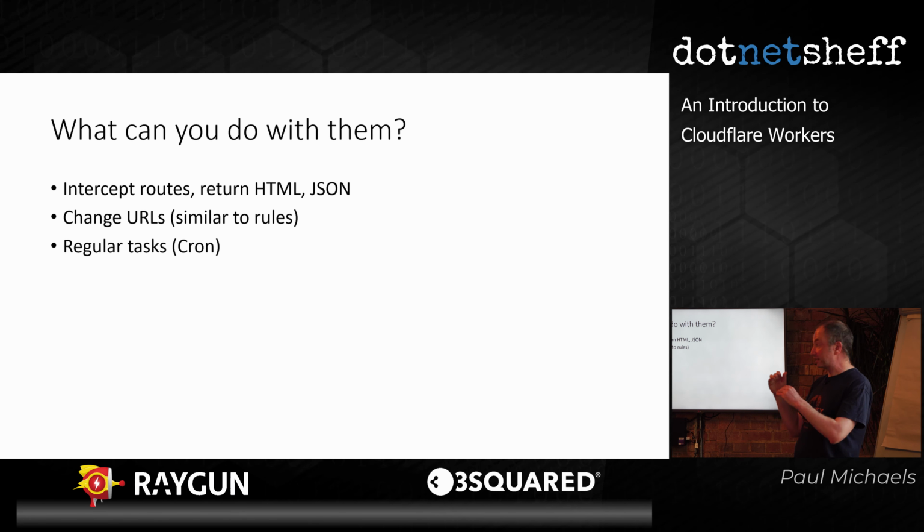And you can also manipulate the URL, which I'll go over in a bit. So you can, for example, lowercase the URL if you're getting uppercase and lowercase. And you can execute them on cron jobs as well, although I've not found a sensible use for that yet.